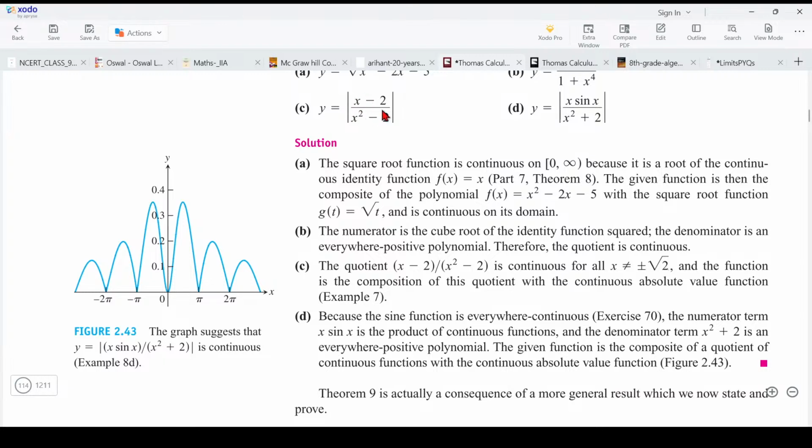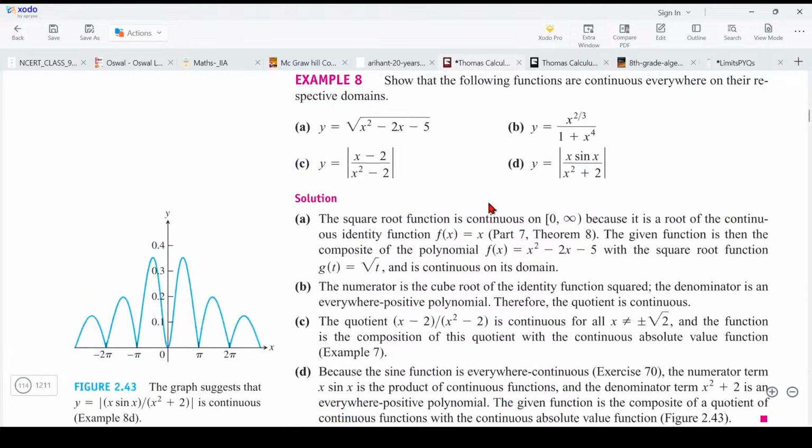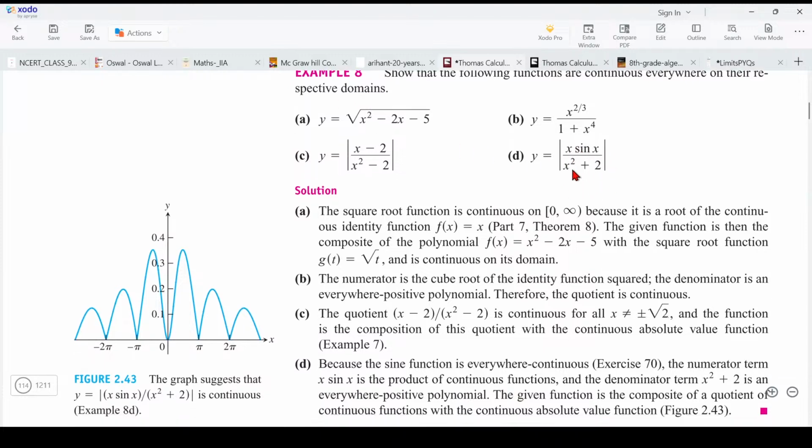So because we have a domain that excludes those points, it is continuous in the respective domain. x square plus 2 will never be equal to 0.